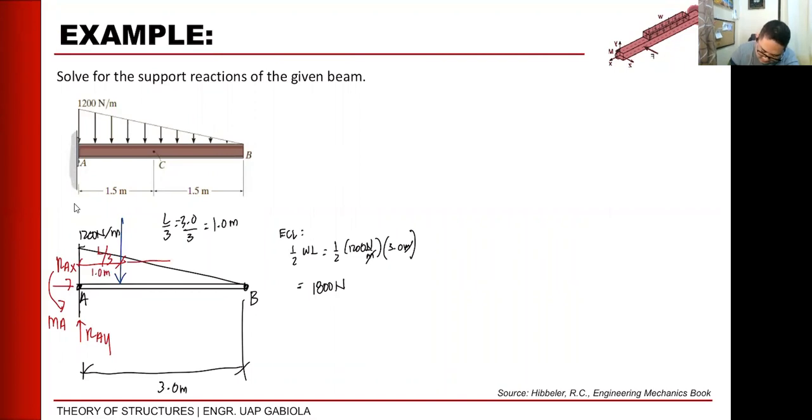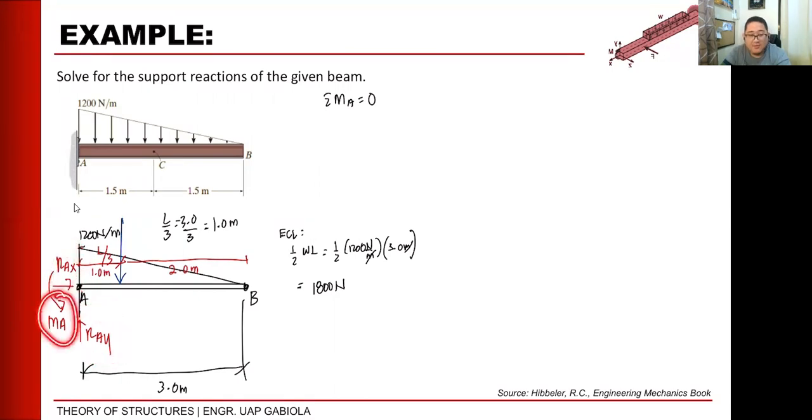So, ibig sabihin itong remaining natin, kung 1 meter yun, 3 meters yung total, 2.0 meters to. Okay? Now, kompleto na yung free body diagram natin. Na-convert na natin into reactions yung concentrated load. Pwede na natin gamitin si summation of moment at A is equals to 0. Bakit kay A? Para ma-eliminate ulit yung dalawang unknown, ang matitirang unknown is si moment.